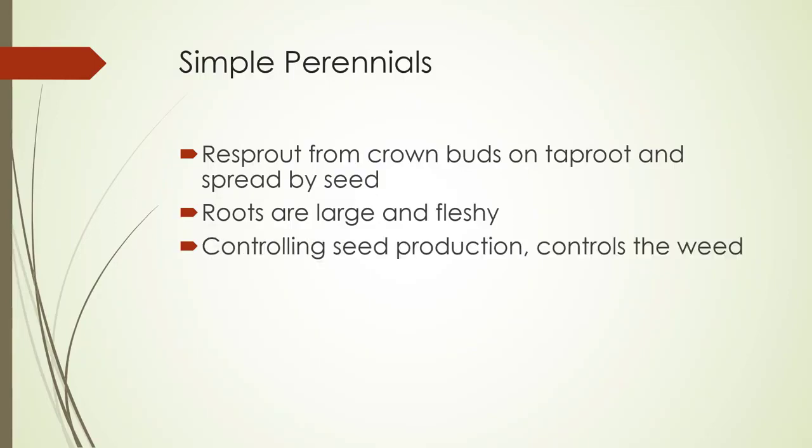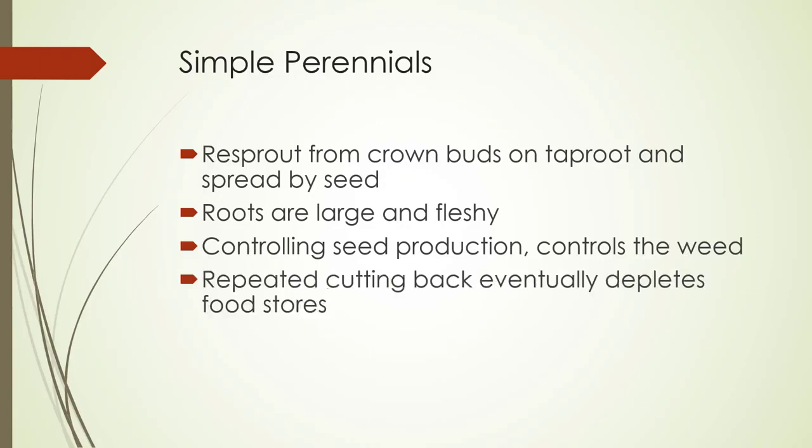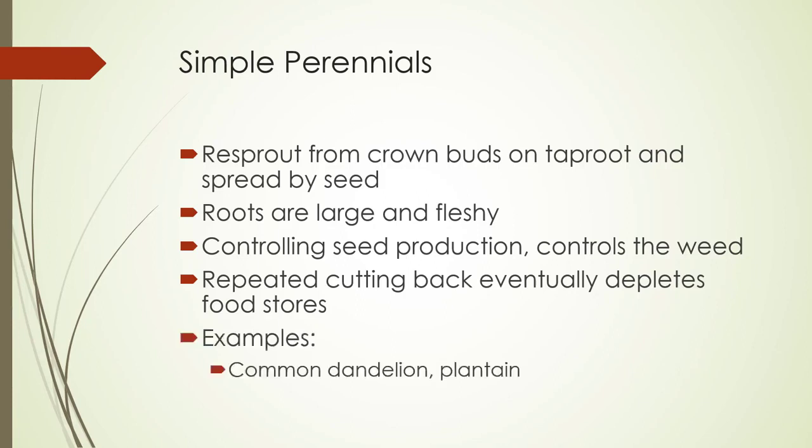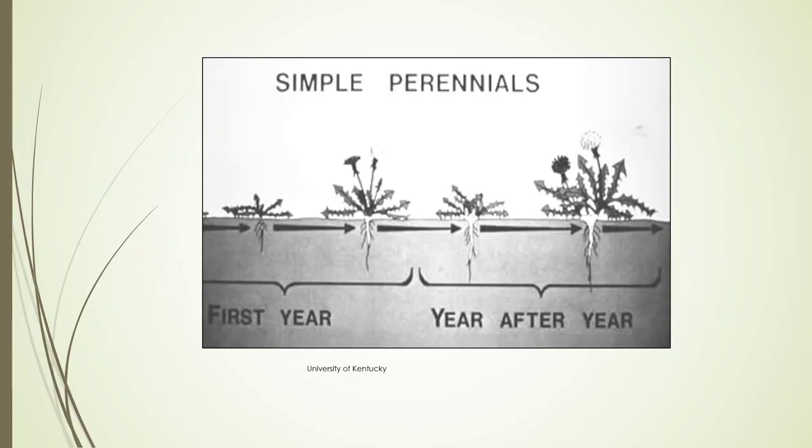If you control the seed production, you're able to control the weed. And you can try cutting it back often. It eventually depletes the food stores. And of course our favorite plant, the dandelion, is a perfect example of this. So here's your simple perennial. First year, flowers, year after year after year.